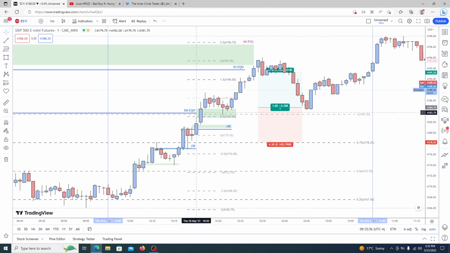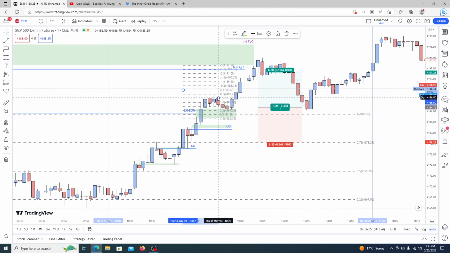If you look at this idea, then right there at 2, that would be a full 1 standard deviation projection of the range from this low to this high. Project that out in time, and that would be a full standard projection.